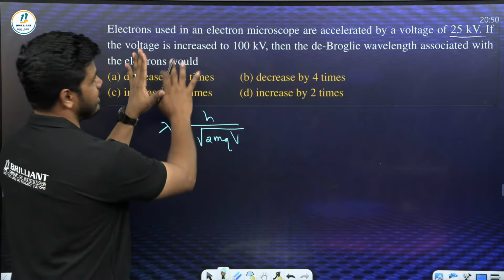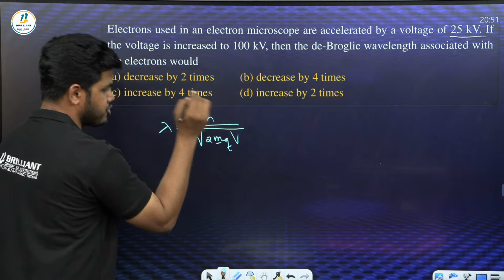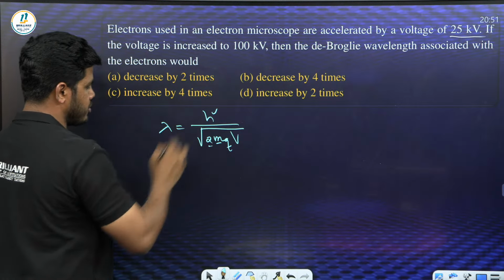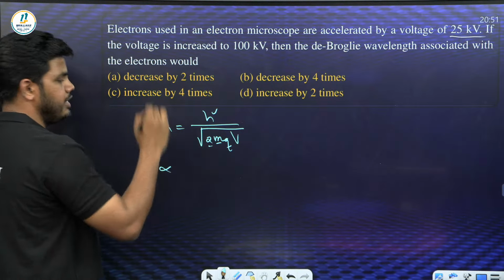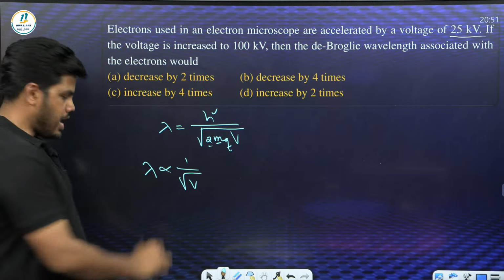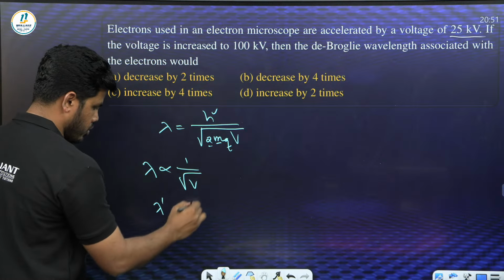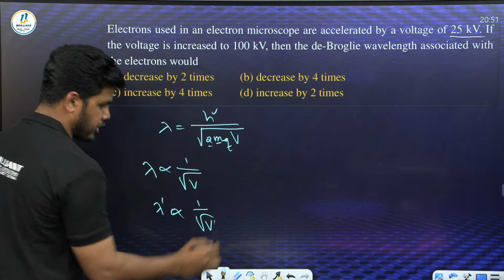Yes, so it is an electron in both cases, mass remains the same, charge remains the same, h is a constant, 2 is a numerical constant, so lambda is proportional to 1 by root of V. And lambda dash, the new lambda, will be proportional to 1 by root of the new potential.